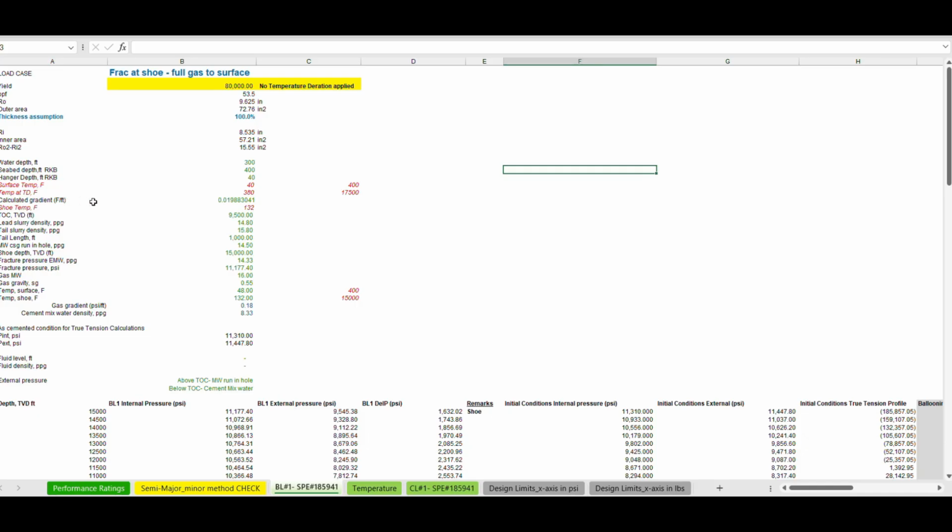So I copied all the information over here: all the slurry densities, what the mud weight was when running casing in the hole, all the geometry, the gas gravity and molecular weight, and the temperature information. And of course the tension profile is calculated here.